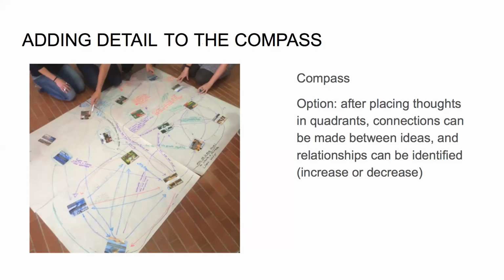This also can lead to causal loops, which is another thing to explore in the future, where you can kind of isolate those variables and really look at what's driving things up and down in terms of the relationship. So there's options. This really gives you a lot of options.